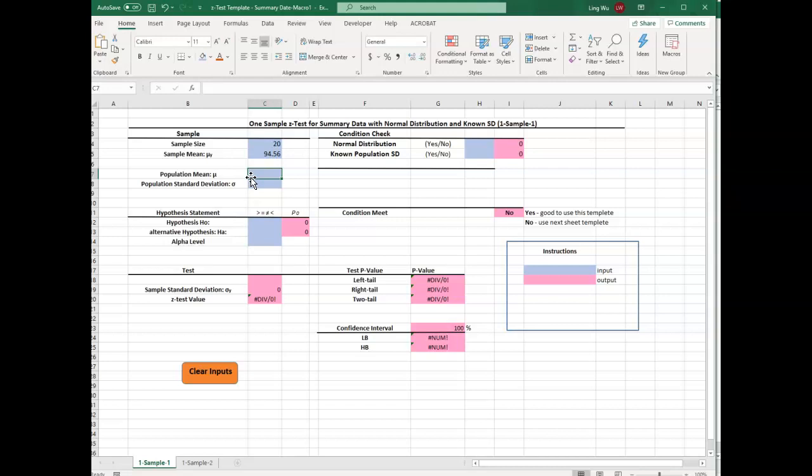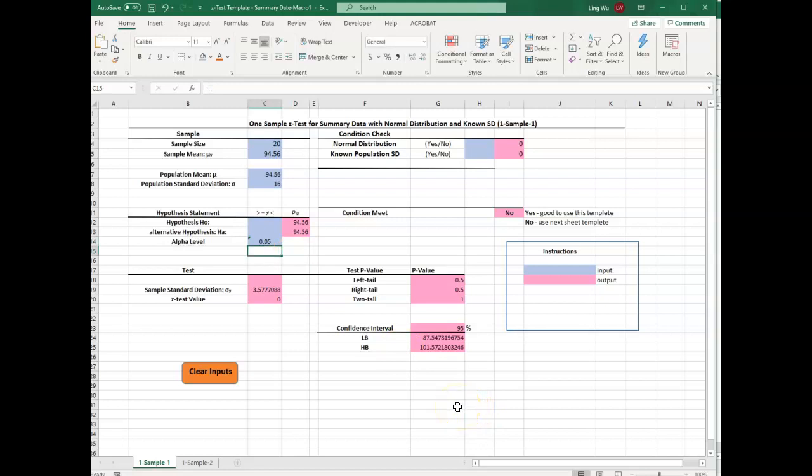Sometimes it asks you to test the sample mean against the population mean, so it will give both values, but in this case we don't calculate that test value, but rather the confidence interval. So 94.56, just put down here, and we know the population standard deviation is 16. And then the alpha level, we want to calculate a 95% confidence interval, so 0.05.